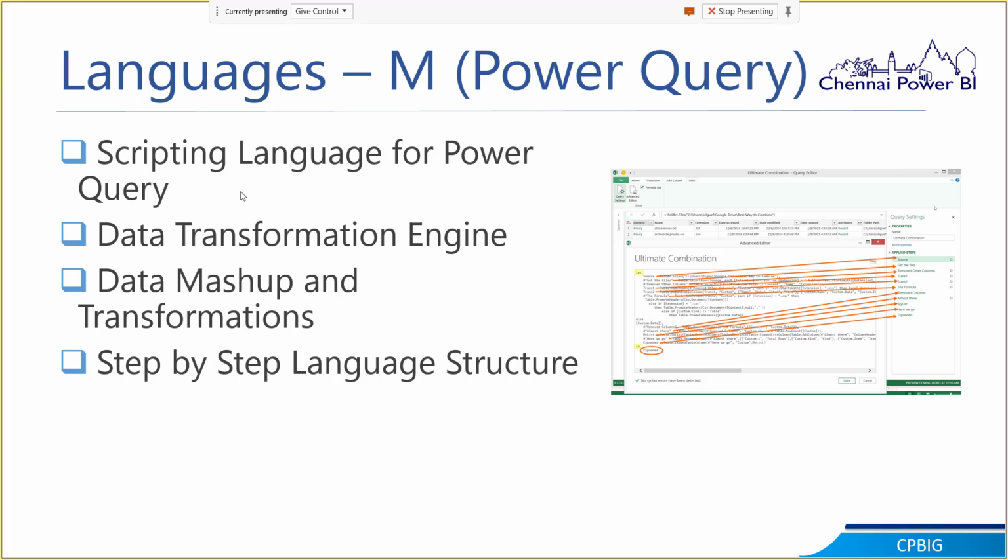In rare cases, if you want complex logic on data extraction and transformations, you need to write an M script. Otherwise, it is easy to create M script by drag and drop. I'll show how to see the M script, and let's see a few transformations and how they are converted into M script.